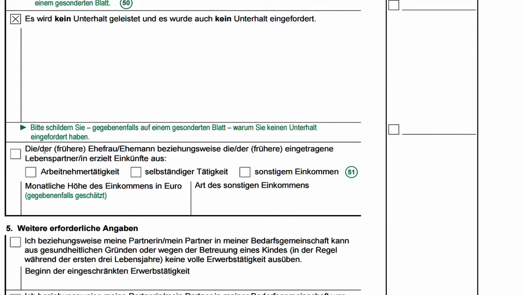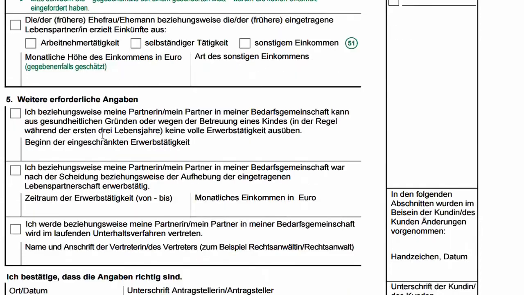If your or your current partner's former wife or husband or partner has some kind of income, you mark here with a cross. If this income is from employment, you mark here with a cross. If this income is from self-employment, you mark here with a cross. And if he or she has another type of income, you mark here with a cross.